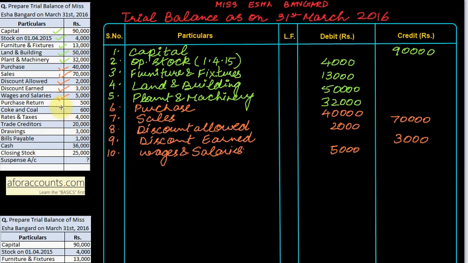Okay. Next purchase return. What did we do with purchase? Purchase is debited. So your purchase return has to be credit. Purchase return is opposite of purchase. So point number 11. Purchase return 500.